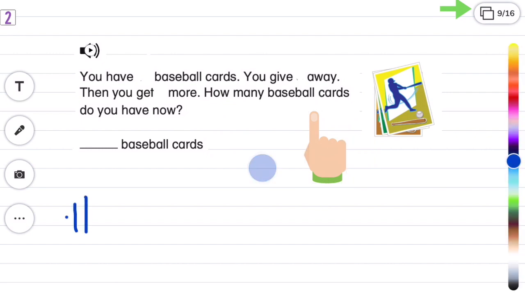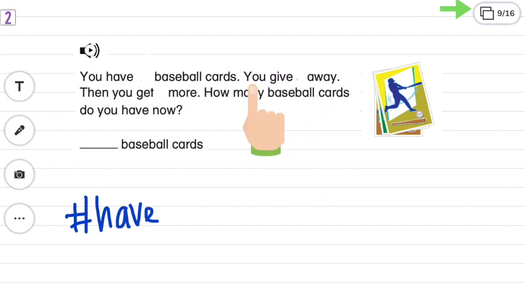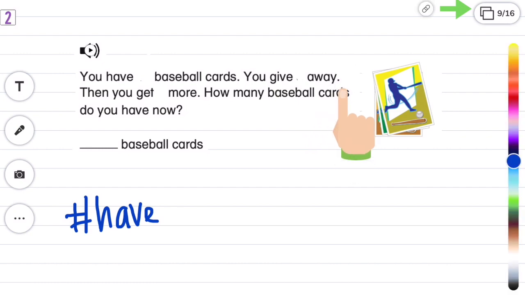So this is the number that I have. You give blank away. I know if I give something away, that means I no longer have it. So the number that I have gets smaller, which means subtraction. So this is the number that I gave away.